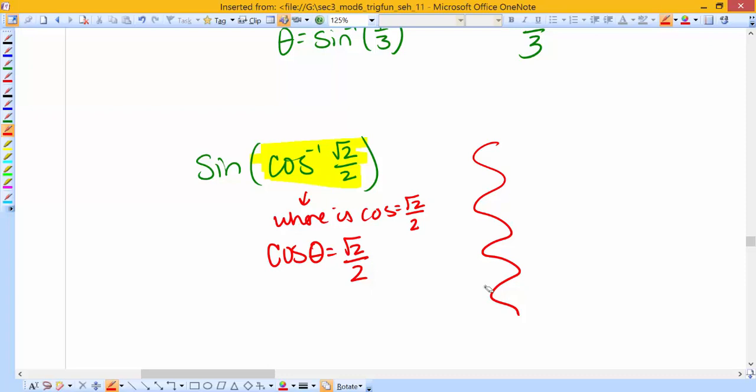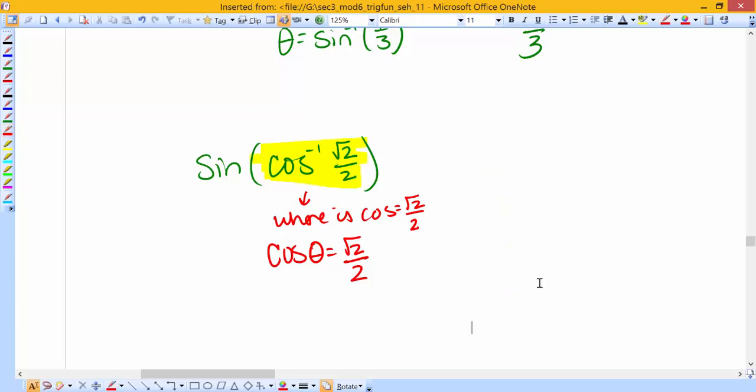So we have to limit what we look at. So we change the domain, and we change the range, because we want to look at this as if it is a function.